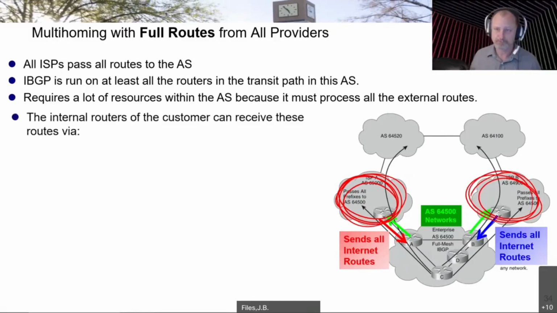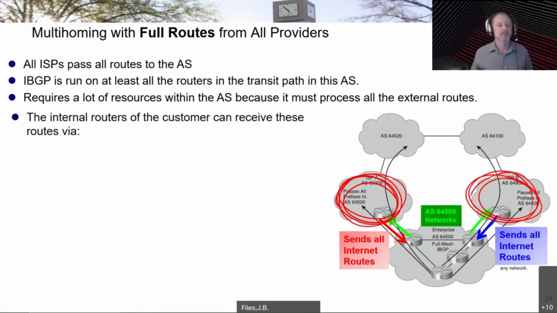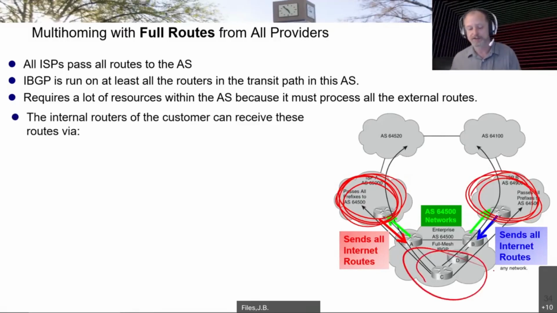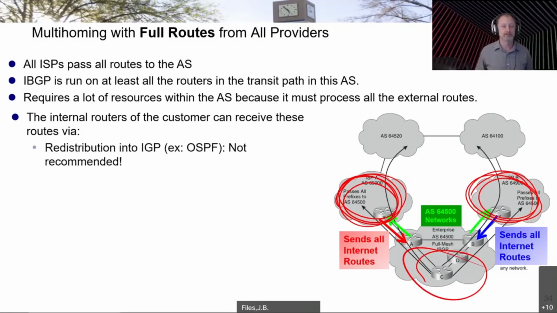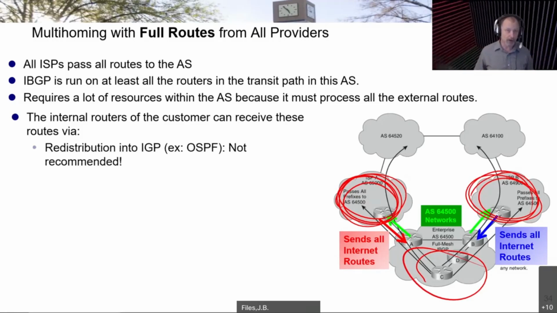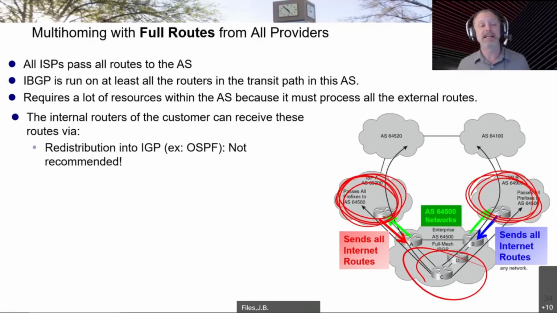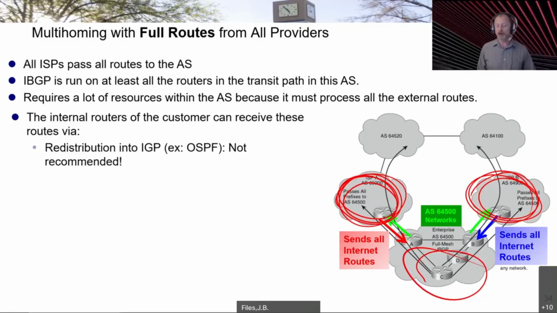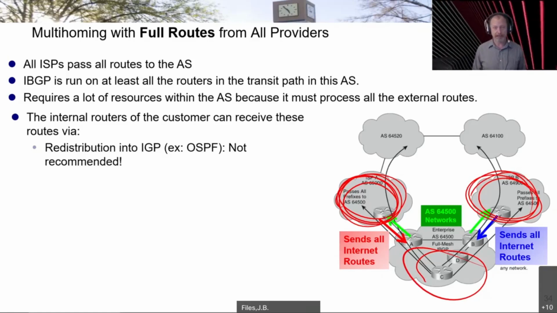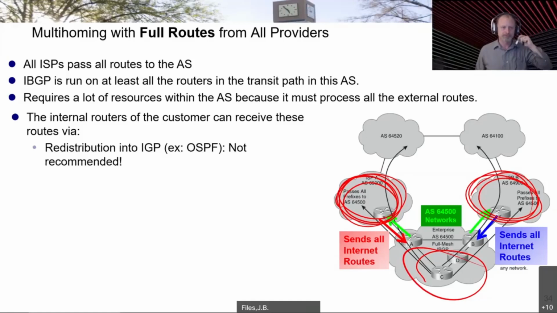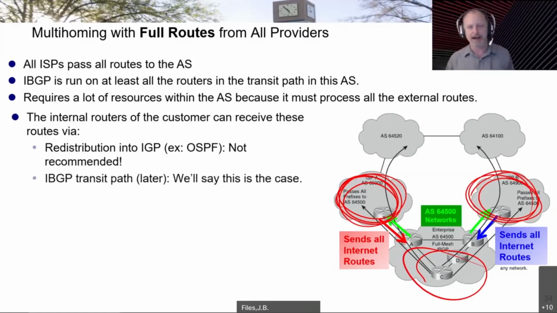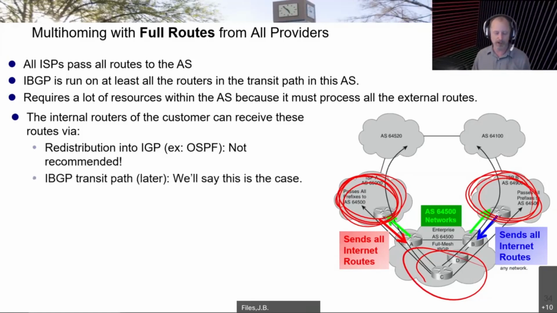Okay. So our internal routers down here can get that again via redistribution. Full internet routing tables being, could you imagine the internet being redistributed into OSPF or EIGRP? Yeah, not going to work. Or via that iBGP transit path, which is what will happen.